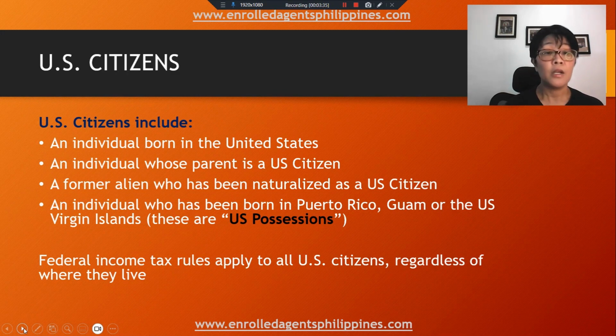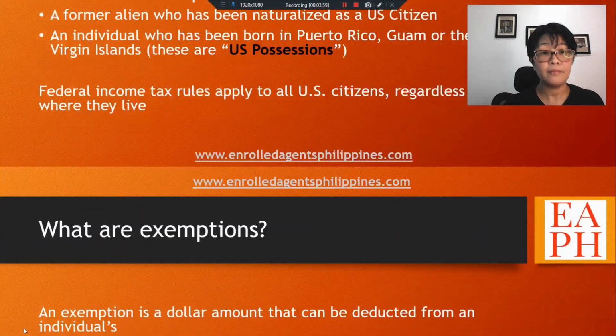Okay? So, bakit importante na malaman natin to? Kasi sa pagpe-prepare natin ng tax, importante kasi, sabi dito, federal income tax rules apply to all US citizens, regardless where they live. Basta US citizen ka, you're gonna be taxed on your worldwide income.